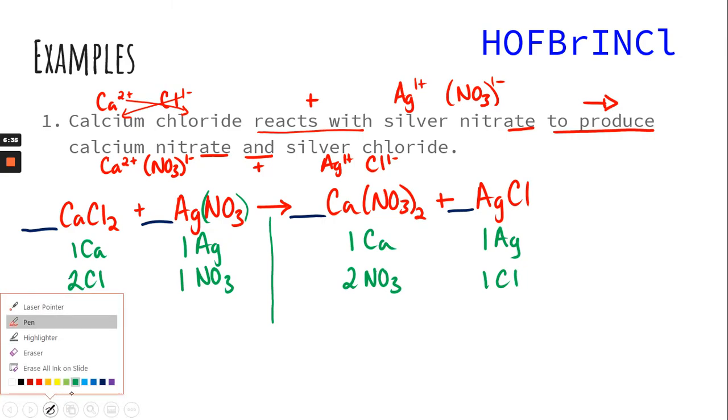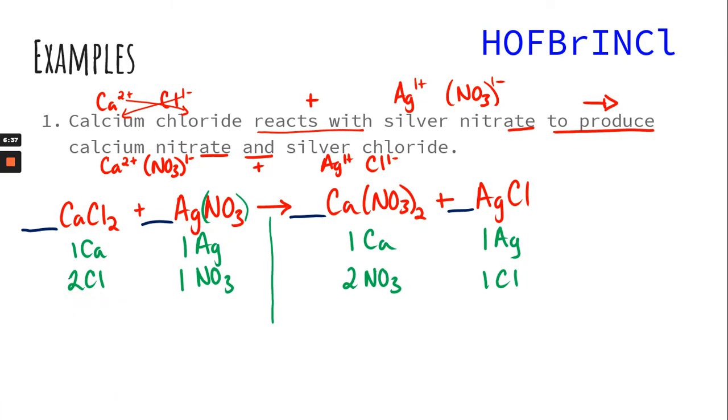To balance this, we have to look to see what's not the same. The first thing I notice is we have 1 calcium on both sides, so that's balanced. We have 2 chlorines on the left, but only 1 chlorine on the right. So we have to put a coefficient in, and the coefficient is going to be multiplied by the subscripts.